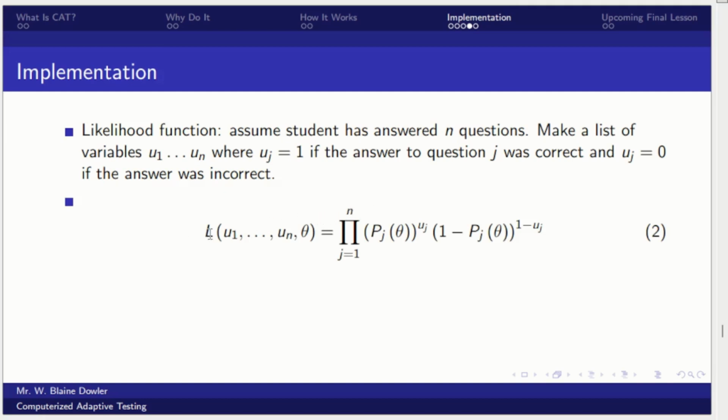With that definition, the likelihood function is going to be the product of the probabilities of getting it right times the probabilities of getting it wrong, where the exponents are either 1 or 0. Remember, an exponent of 0 gives a value of 1. So we're either taking the probability of getting it right when they got the right answer.